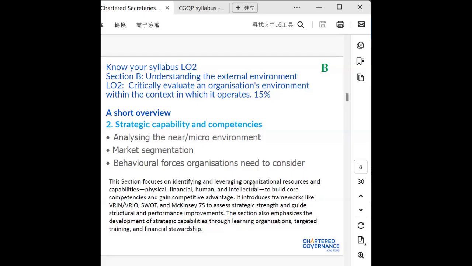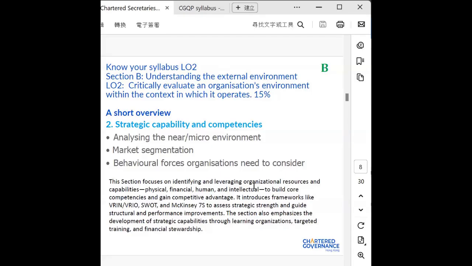So a company must ensure that the internal strengths will align with the external opportunities and mitigate the threats. So this alignment is often achieved through strategic fit, in which you match the company's capability with the environmental demand.